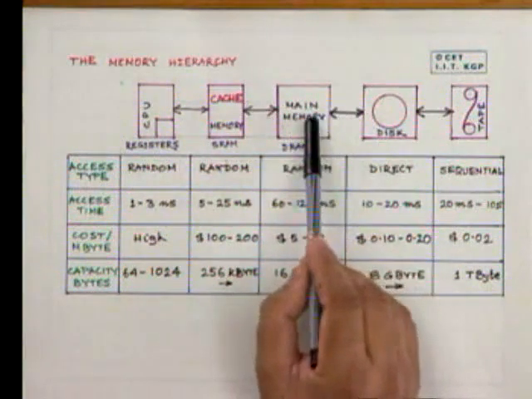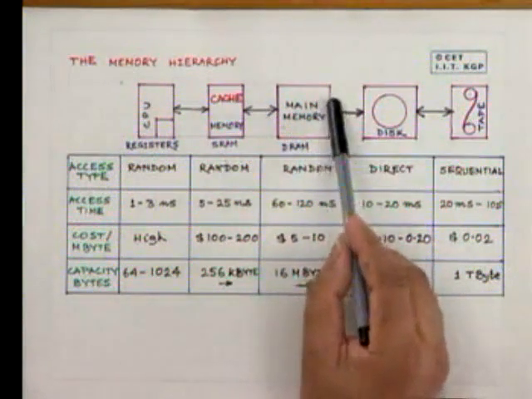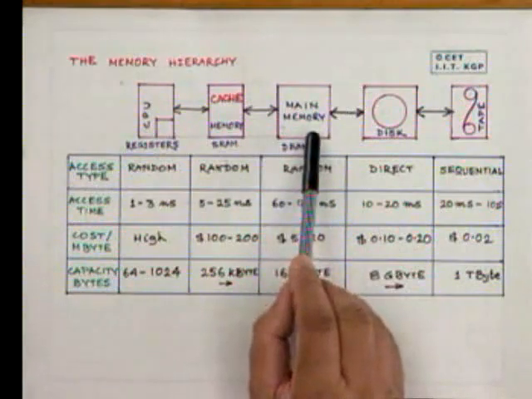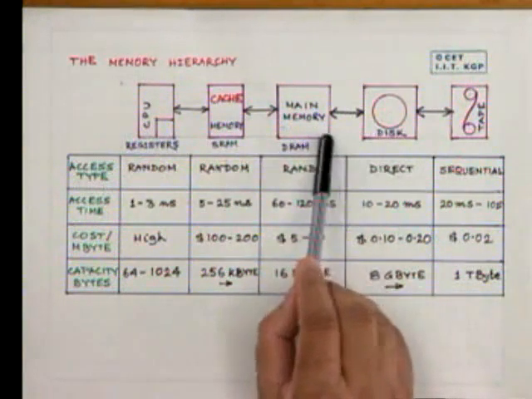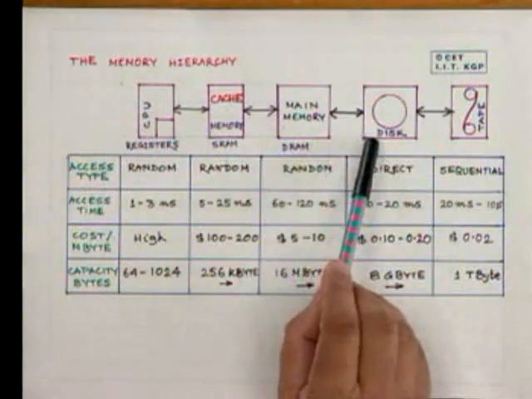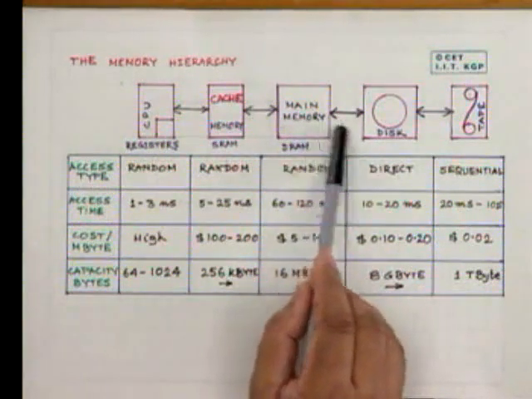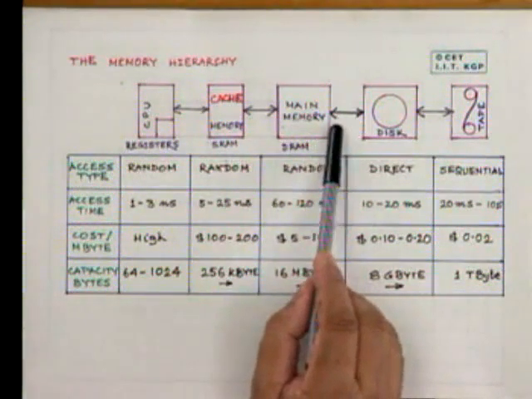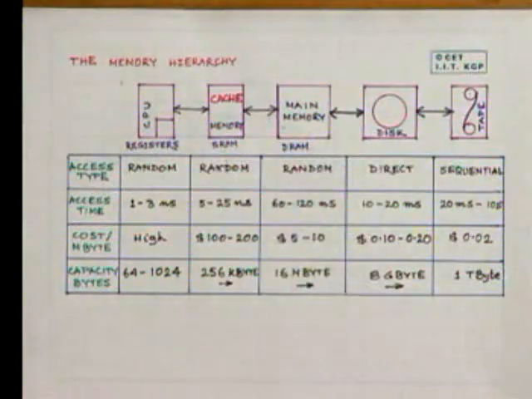That way we have a picture as if we have an almost unlimited amount of main memory. As I said, this is the concept of virtual memory, and we will discuss virtual memory in detail when we discuss operating systems in later lectures.